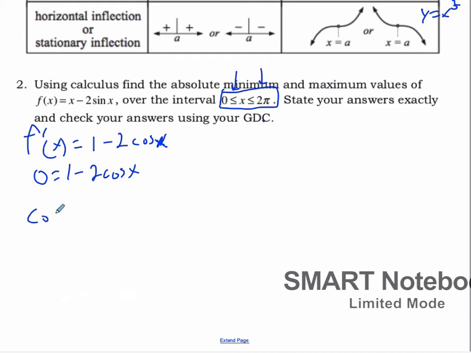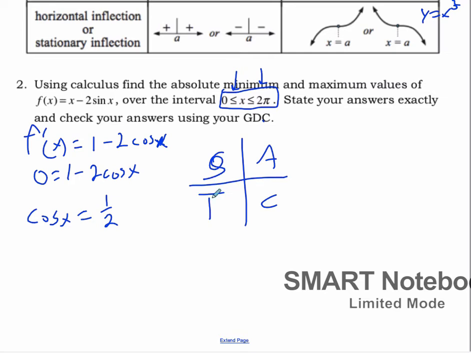So we have cosine x equals half, and we're looking at this full range of 0 to 2 pi. So where does it equal half? It equals half in this quadrant and this quadrant. The triangle we're talking about is this one.